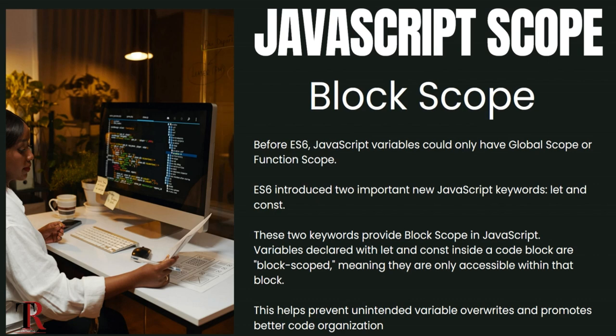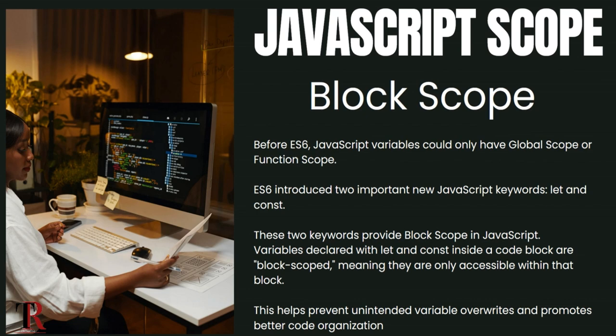But in ECMAScript 6, they introduced two important keywords, let and const. This gave birth to block scope, which means that if you use let and const within a block, then it becomes inaccessible to an outside method or anything else trying to access it. That is the concept we are going to talk about in this lesson.